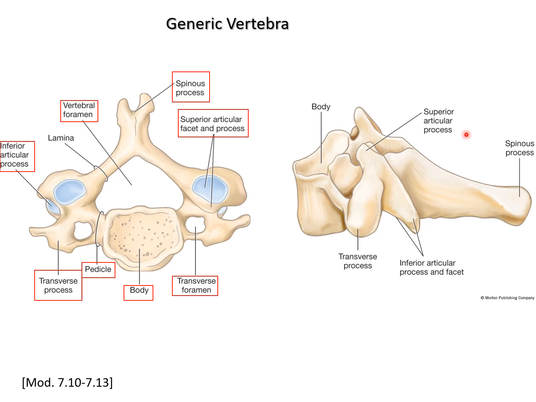Also here we can see the facet. This light blue circle here, the light blue is indicating that this is cartilage, and essentially this cartilage indicates that this is forming a joint. So the facet itself is where the two vertebrae join together. Final structures here.